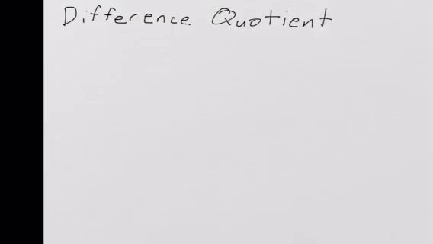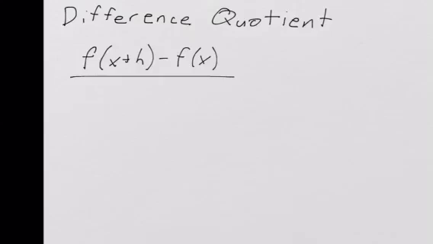And the formula for that is going to be f of x plus h minus f of x all divided by h, which we could look at as being x plus h minus x. So it comes directly from the average rate of change formula.